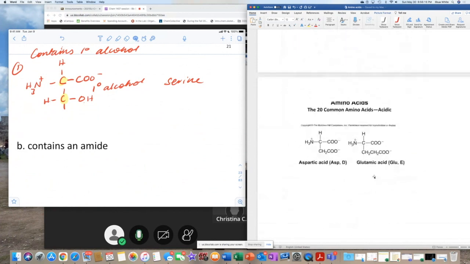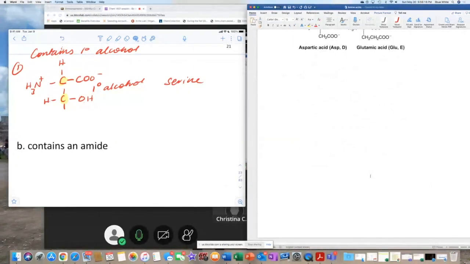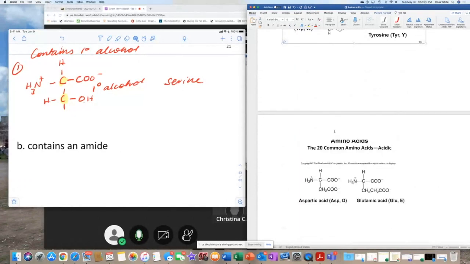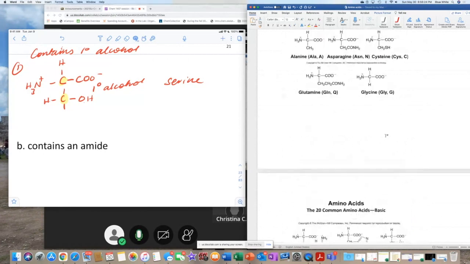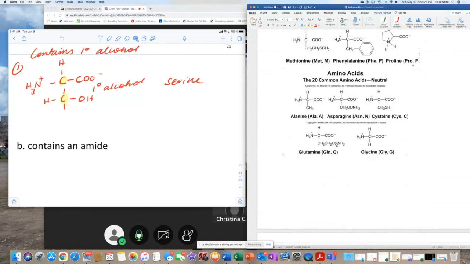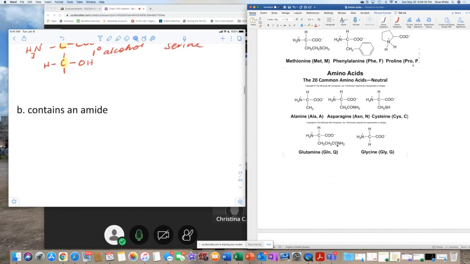So is this the end of the list? Oh, no, that's the end. Okay. Let me scroll through here. I'm looking for the amide. That's not it. Oh, there, CON. That's it. Glutamine. So I got C, H, COO minus, NH3 plus.